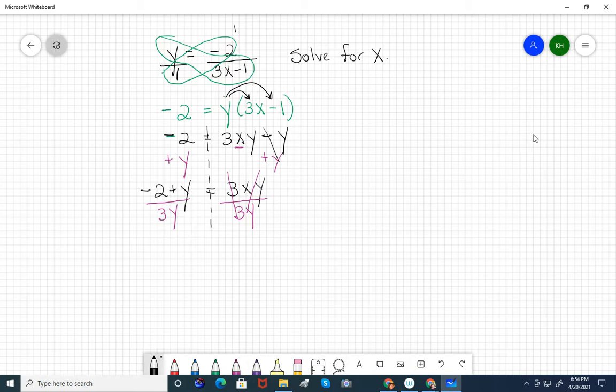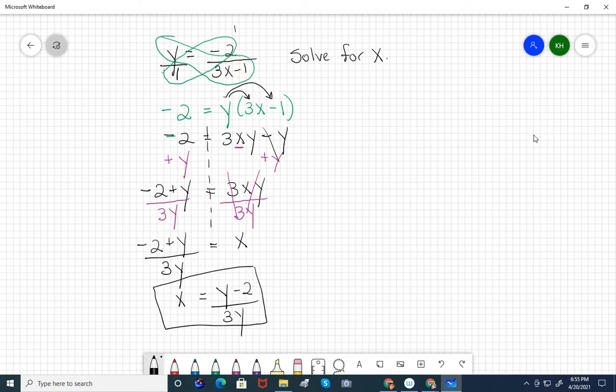So I end up that this side is just x. This side is negative 2 plus y over 3y, or negative 2 plus y could be written as y minus 2 over 3y. Those are both exactly the same thing. I just want you to see how it might look different.